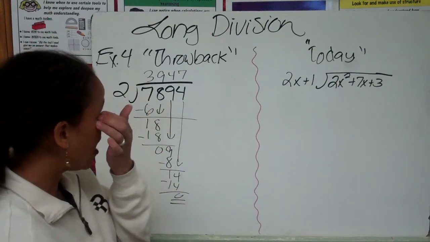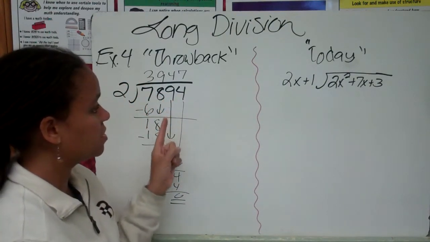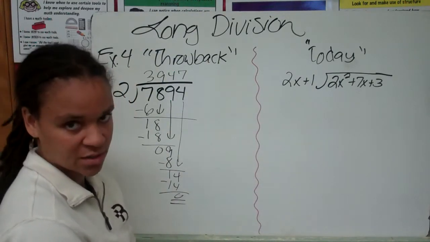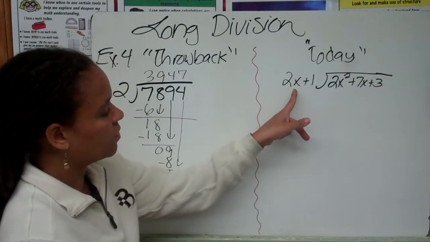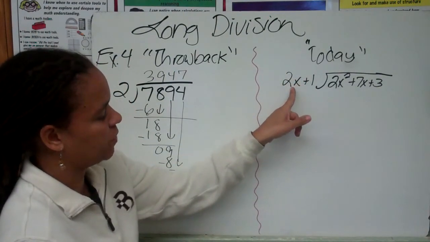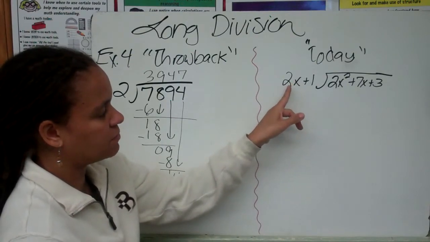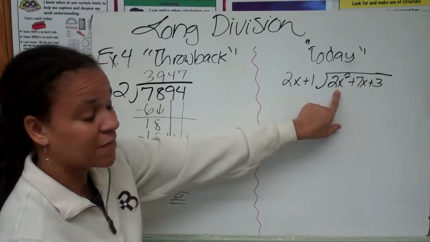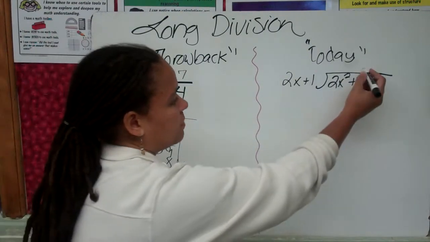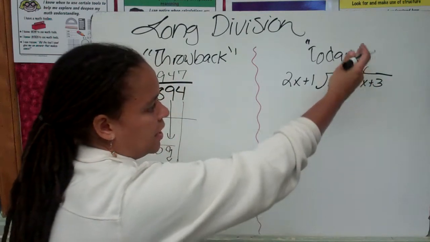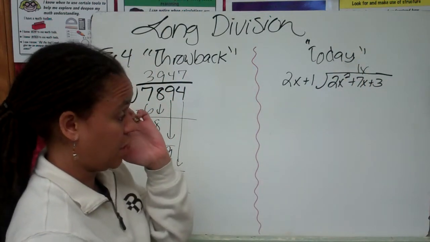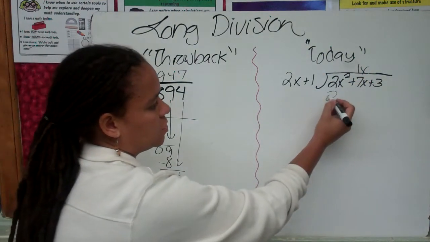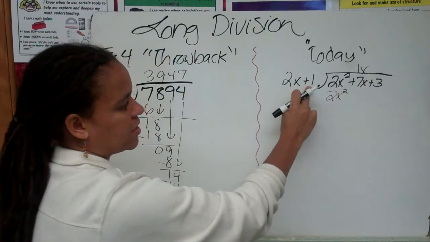So this same process that we use with digits, we're going to do the same idea with polynomials. Hold on, it's going to be exciting. We look at the first term of the binomial, 2x, and we say, what do I have to multiply 2x by to get this first term? Well, this is 2x squared. The only thing I'm missing is an x, so I'm going to multiply by 1x. I keep my variables lined up where they need to go, x's on top of x's. So 1x times 2x is 2x squared. But we also have this little guy.